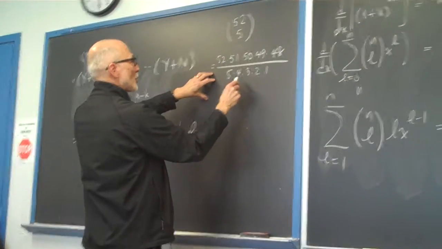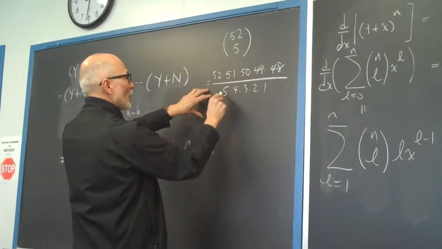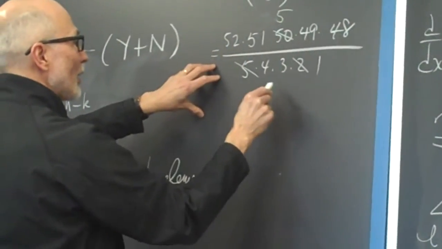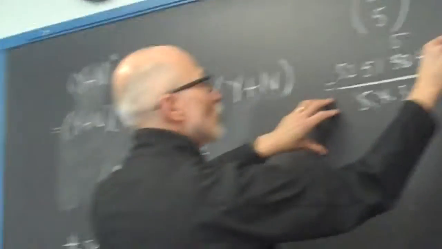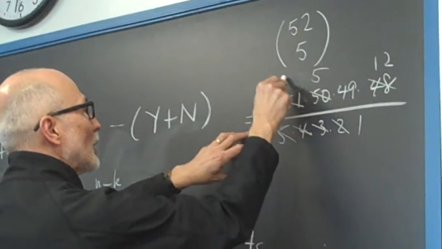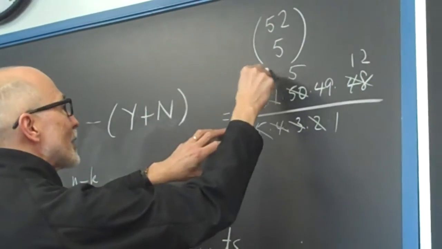Let's see, so I can take this and that gets rid of that. And then if I do this, then that gives me a 12 over here. And then 3 goes into 51 17 times, okay.